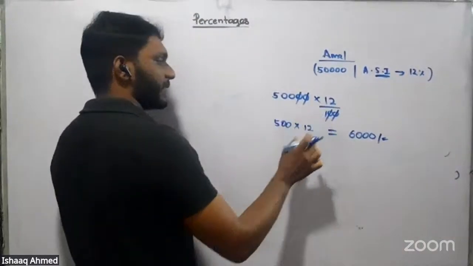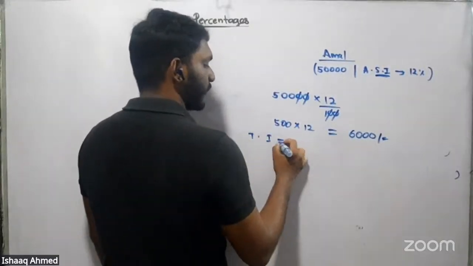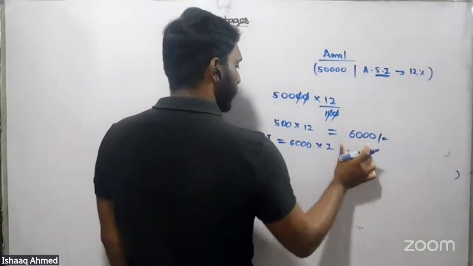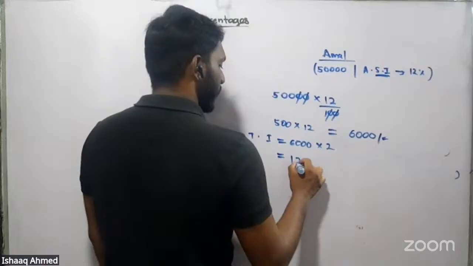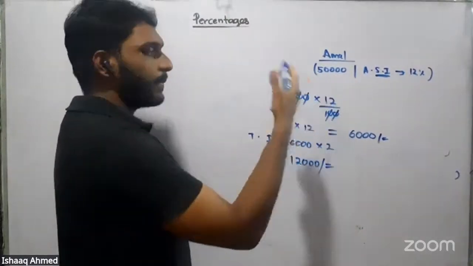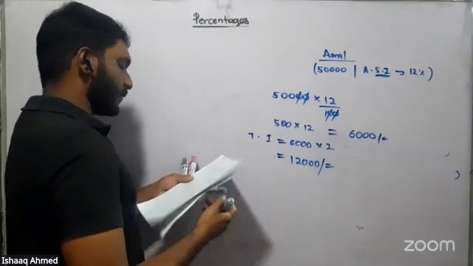So total interest equals 6,000 into 2, equals 12,000 rupees. So he borrowed 50,000, but the interest itself is 12,000. Okay, so this is the first question's answer.